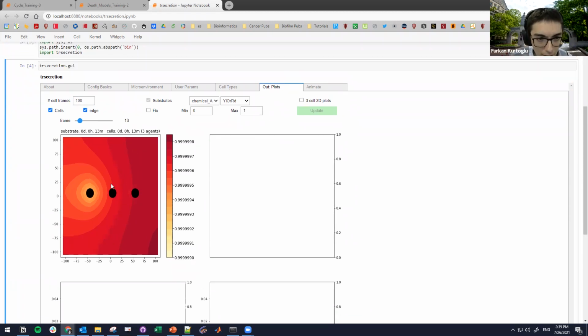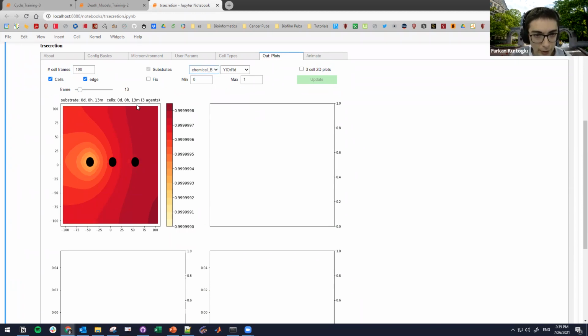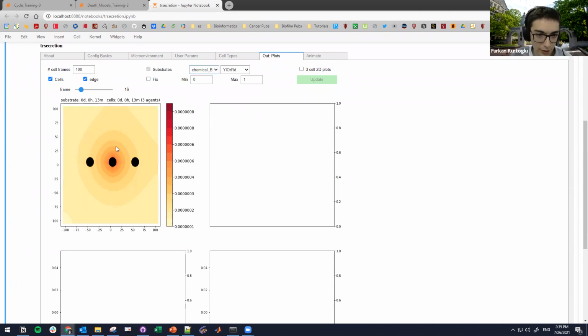What we are seeing is the first cell consuming chemical A. Let's go to chemical B, which is secreting some chemicals.